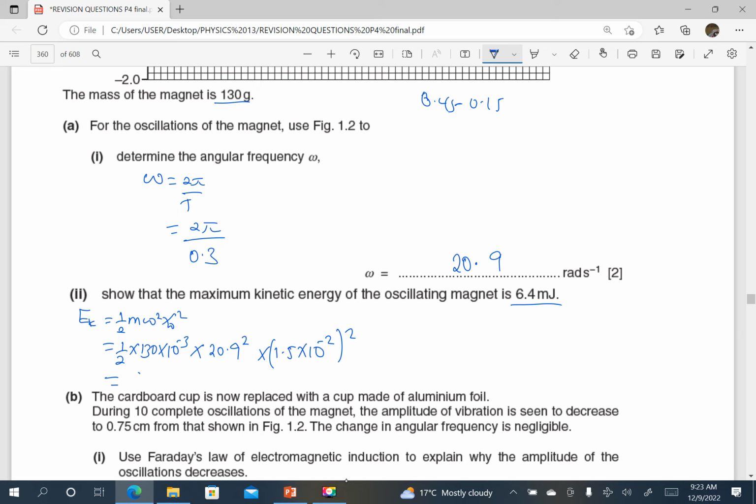So this is 6.4 times 10 to the power negative 3 joules. That is approximately 6.4 millijoules. I'm saying you can use kinetic energy as half m v squared, but this is maximum velocity, and maximum speed is equal to omega times x naught, which takes you back to the same expression.